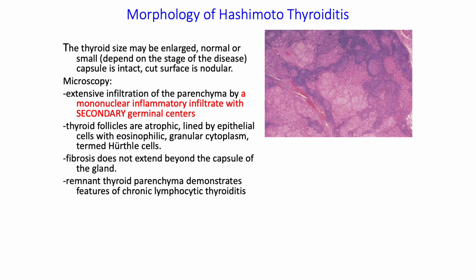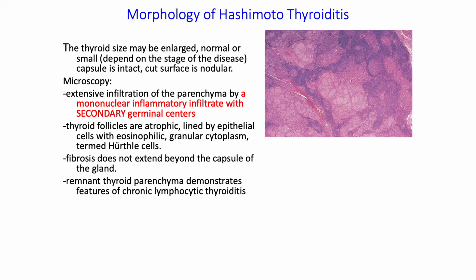Here you can see the germinal center is characteristically seen, and a dense intact lymphoid follicle is demonstrable over here. And many times fibrosis is seen secondary to this lymphoid infiltrate, and fibrosis may become extensive sometimes, but usually does not extend beyond the capsule of the gland.